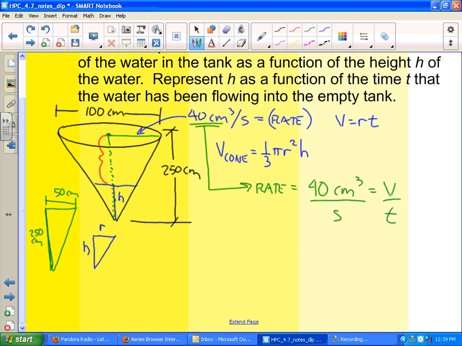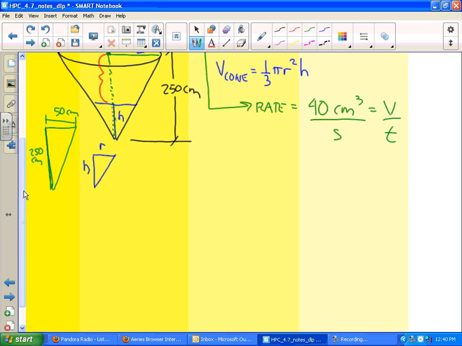When you're solving for height, could you make the radius on the full size cone, since 250 is equal to h, could you make the 50 1/5 h? Yeah, but watch, you actually did some of the work. If we set this proportion up, the 250 is proportional to the h as the 50 is proportional to the r. So we get 250r is equal to 50h.